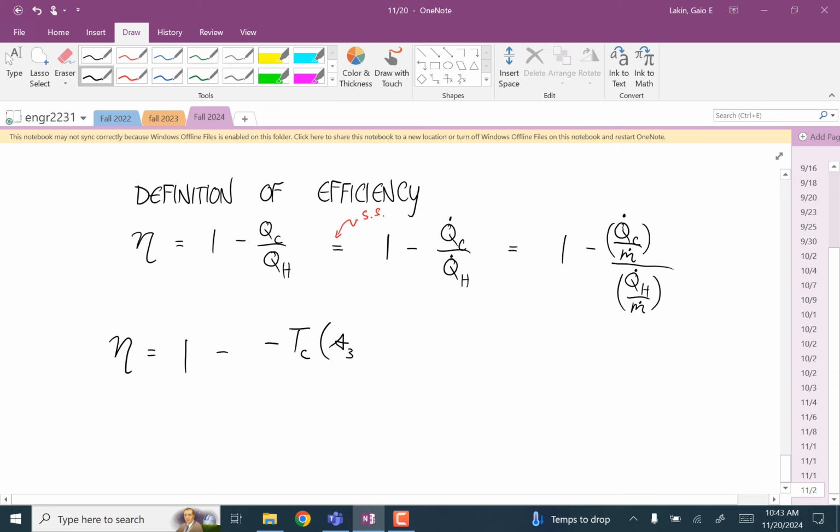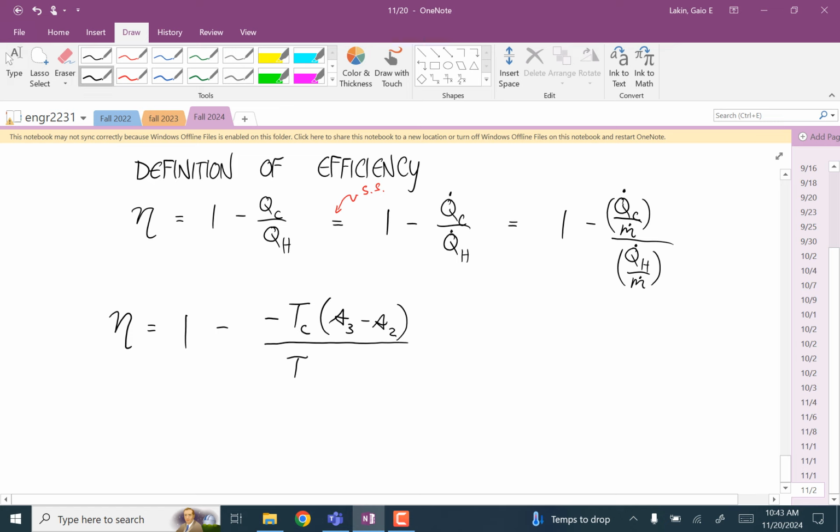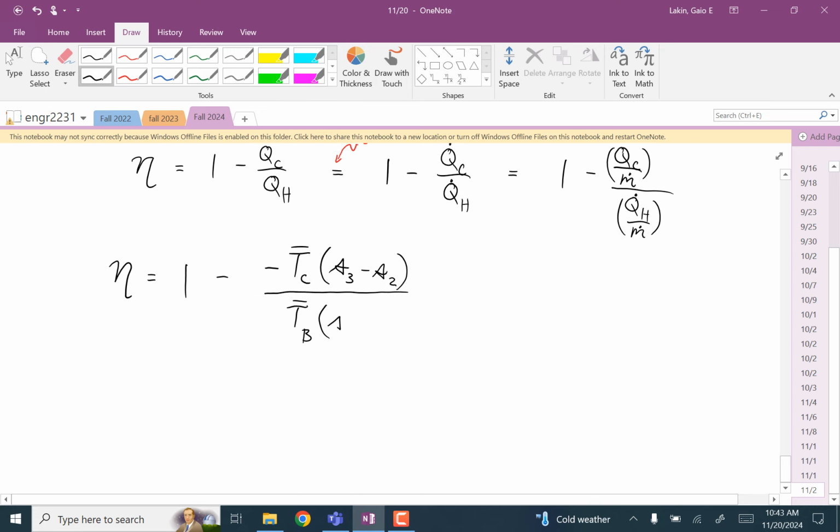Yeah, S3 minus S2, divided by the temperature at the boiler times the quantity S1 minus S4.